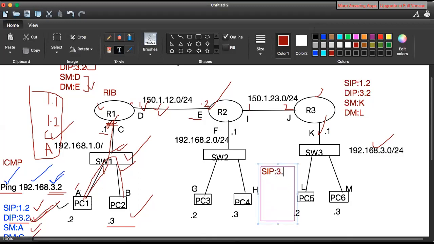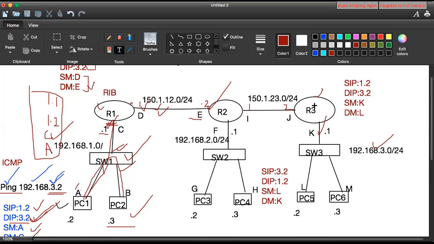This time the source IP is 3.2, and the destination IP is 1.2. Source MAC, its own MAC address L. Destination MAC, it is going to check with its gateway using ARP, and get K. And PC5 is going to send it to R3.